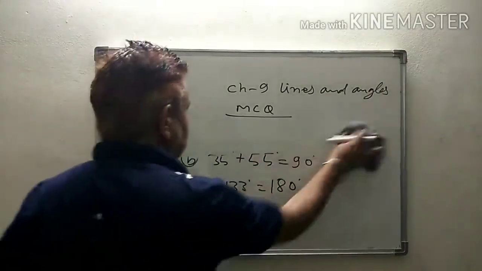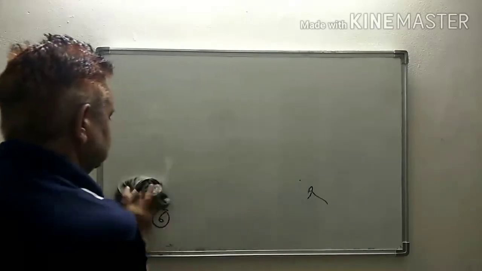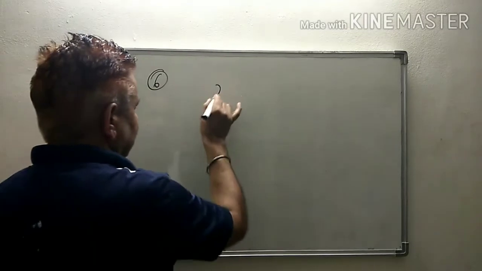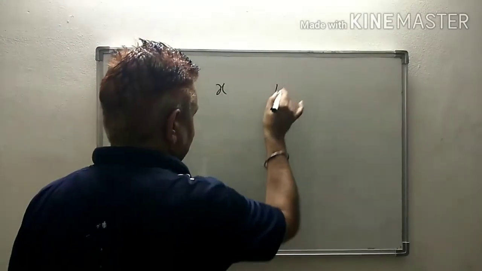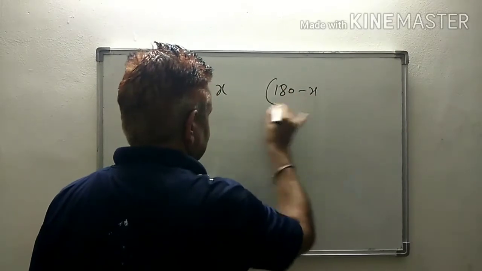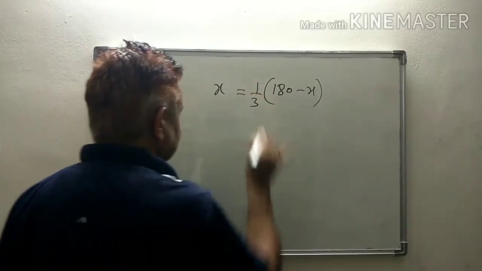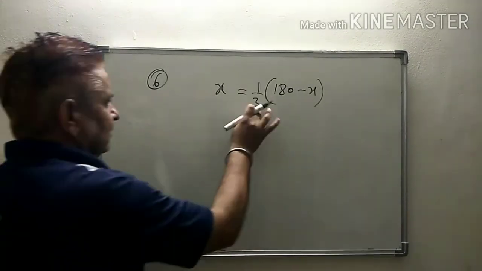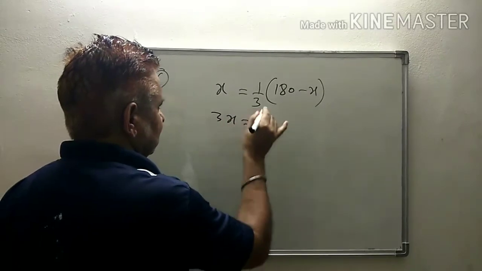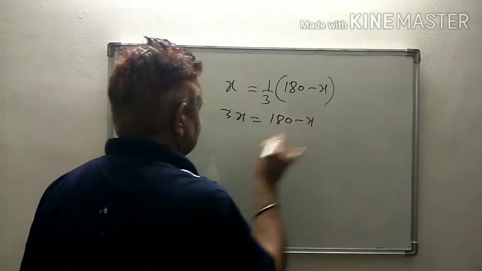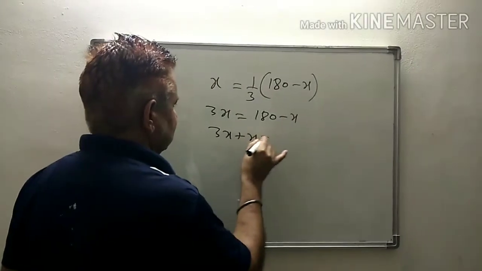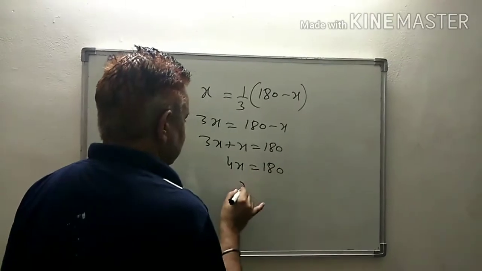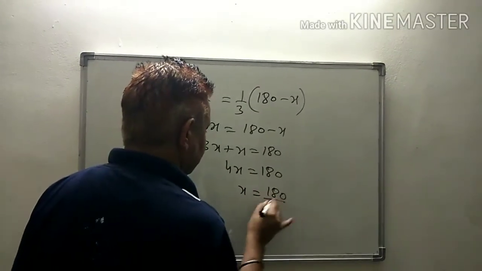Now look, question number 6. Let the angle be x. Its supplementary angle is 180 minus x. If an angle is 1/3 of its supplementary angle, then 3 into x, 3x equals 180 minus x. 3x plus x equals 180, 4x equals 180, x equals 180 upon 4.